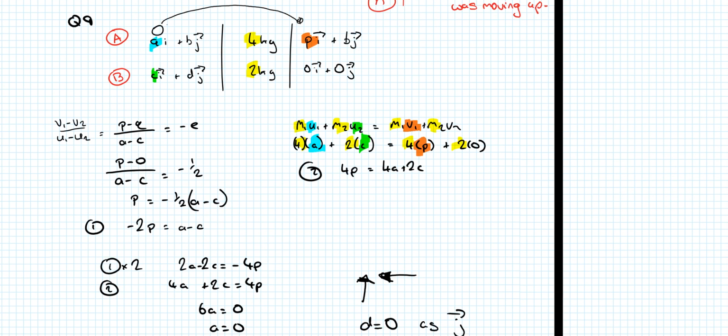So if the i components have changed, this i component and this i component, that must mean the j components have stayed the same. So if the j components have stayed the same, that's why this is b and b, that means d must be 0.